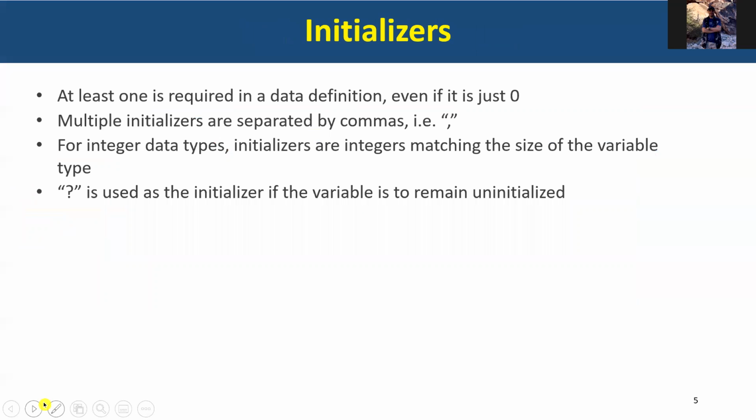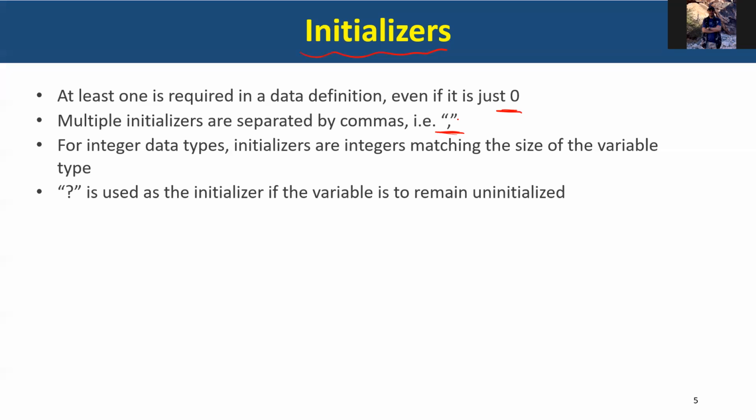Initializers. When you define some variable, you might initialize this variable with some value. For example, you might define some variable and add to it 0. If you have multiple values, like an array with multiple locations, you must define an initial value for each one of these locations.